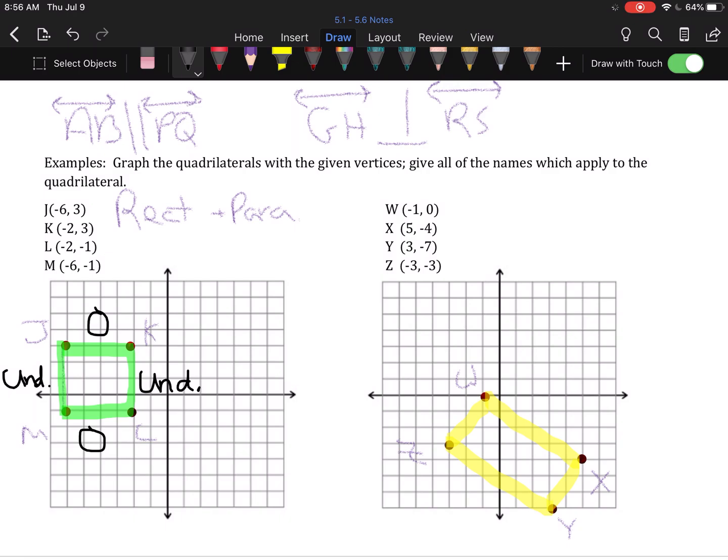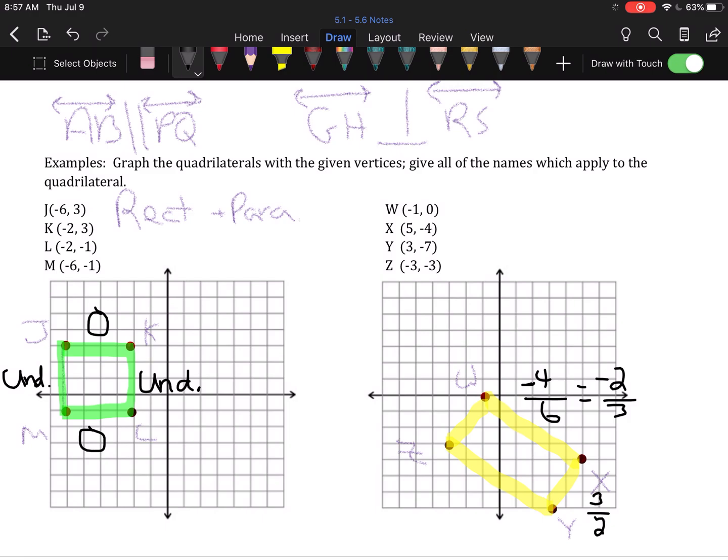So to get from W to X, I go down 1, 2, 3, 4. And then I go right 1, 2, 3, 4, 5, 6. When I simplify, that is -2/3. For YX, I go up 1, 2, 3, turn and come right 2.